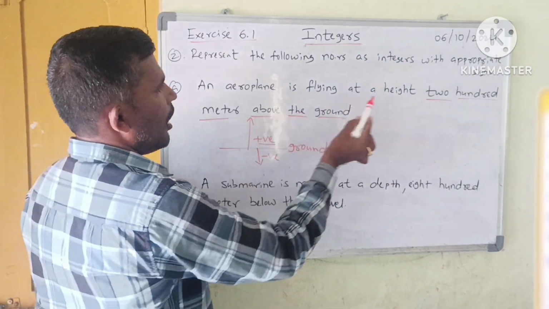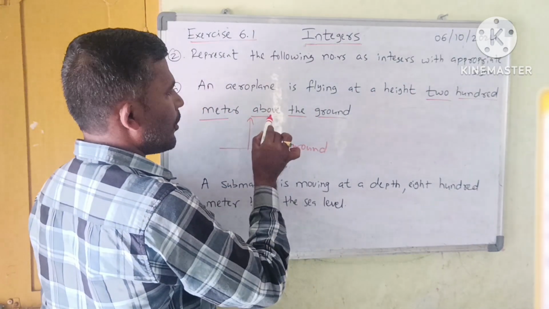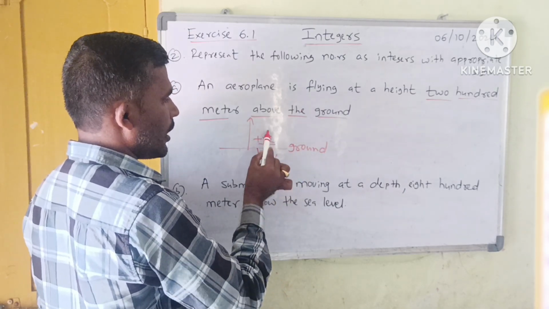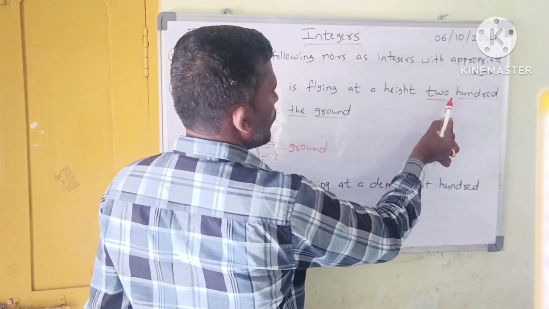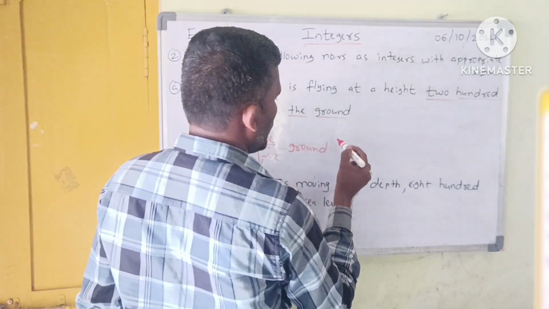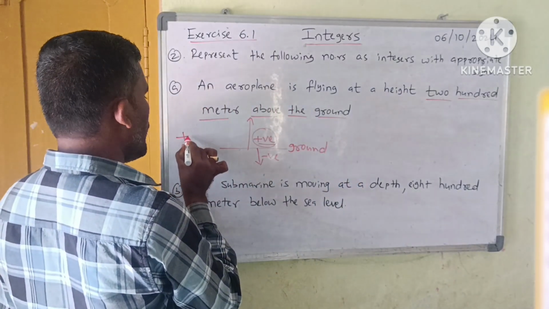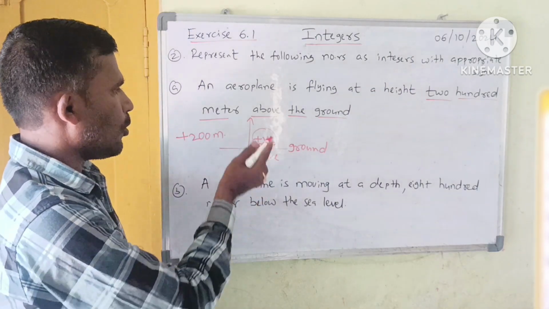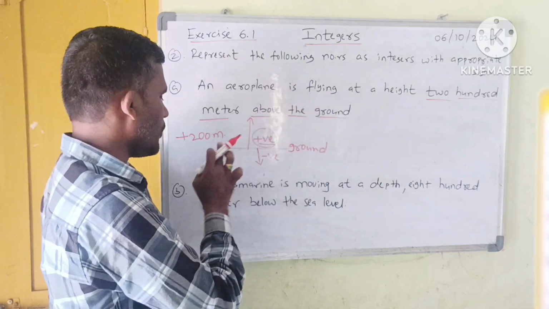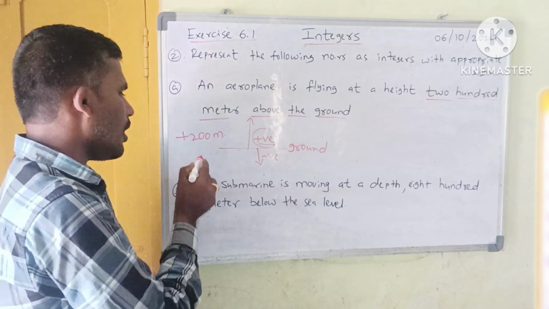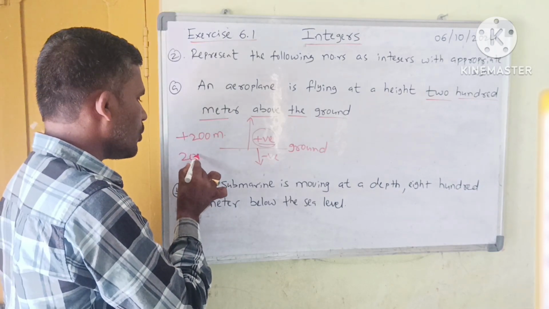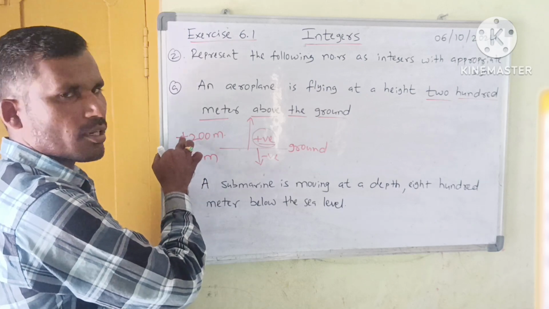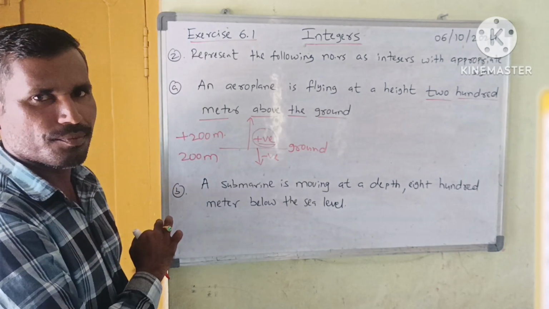So 200 meter above the ground is positive only. How much is given? 200 meter. So the answer is plus 200 meters. He asked above, so plus 200 meter, or simply you can write 200 meters. 200 meters means plus 200 only. Okay.